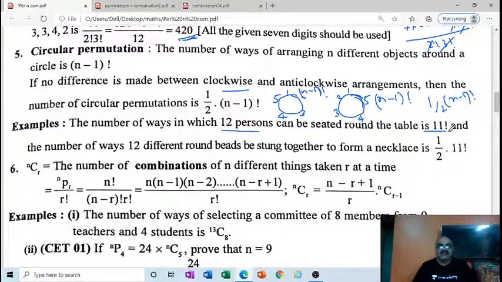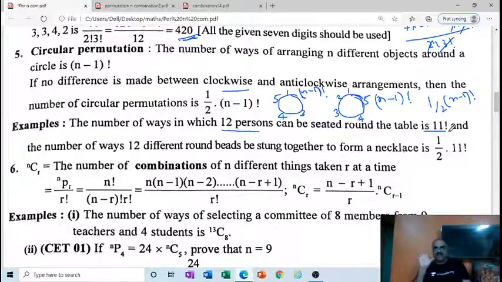Now how is that done? Bead 1, if it is put onto the right, same bead can be put onto the left also as the number 1. Arrangement goes in the cyclic clockwise order and anti-clockwise order. So it is half into 11 factorial.